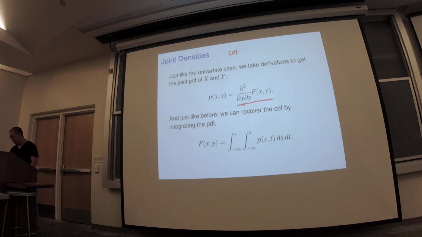But someone may ask, what if I exchange the order of the partial derivatives? Take the partial derivative of the CDF over y first and then over x. The answer is the same. Just keep it in mind. And then you can rewrite the joint CDF as a double integral of the joint density over the two random variables.